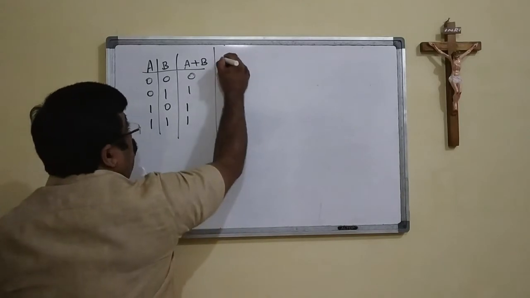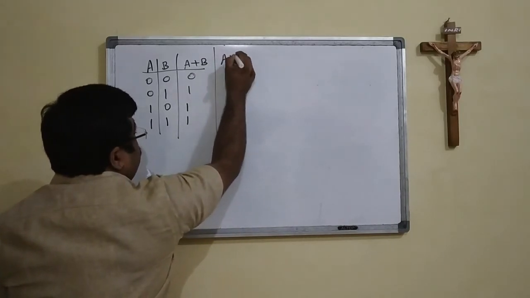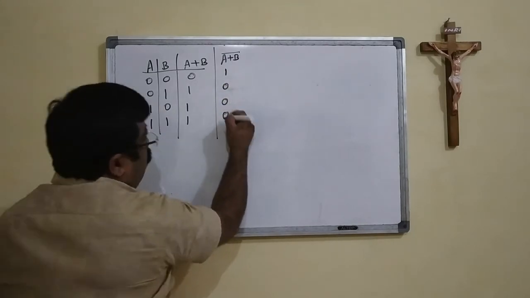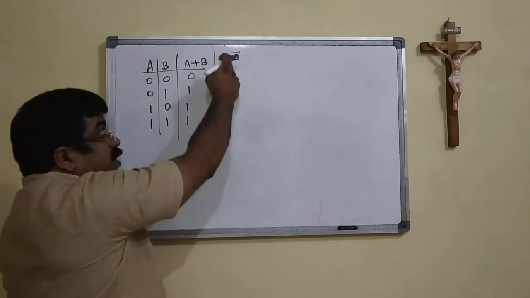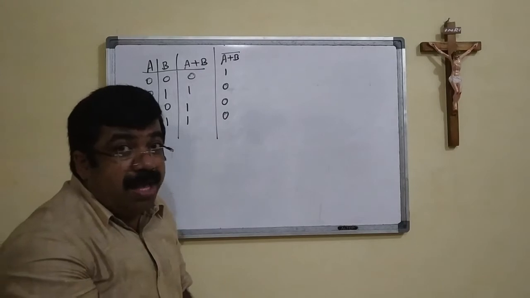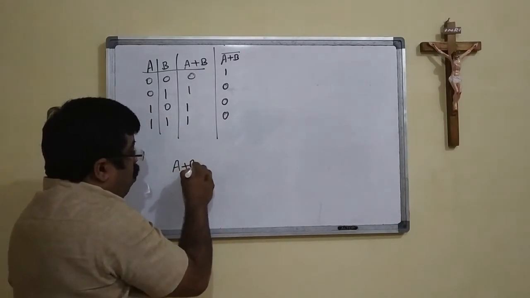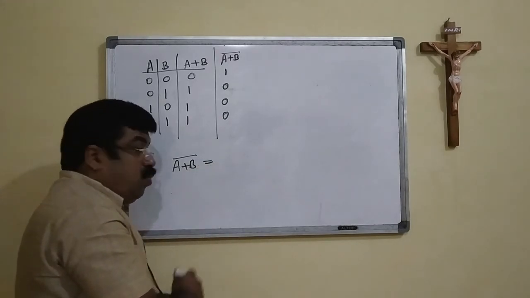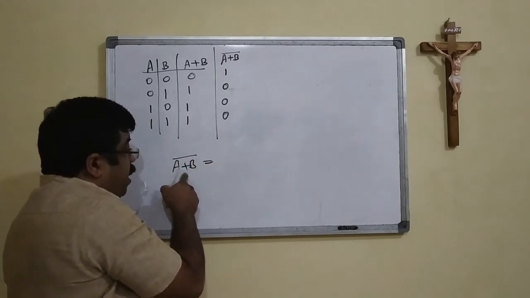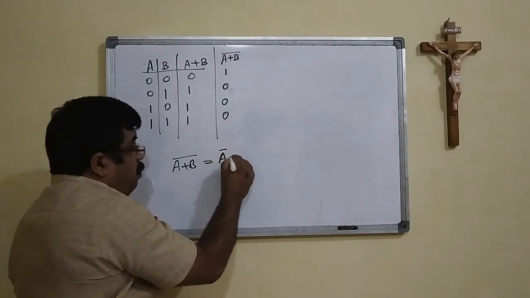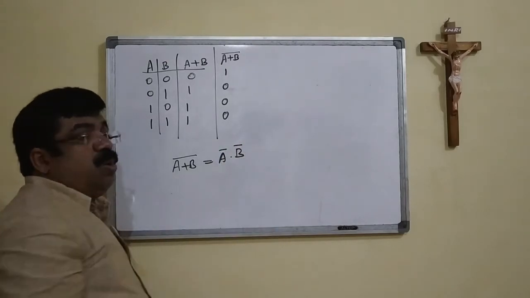A plus B the whole bar is 1 0 0 0. So we say A plus B the whole bar is equal to, break the line, change the sign, A bar into B bar.